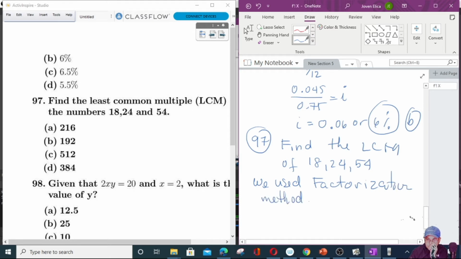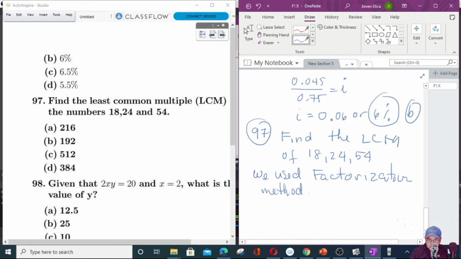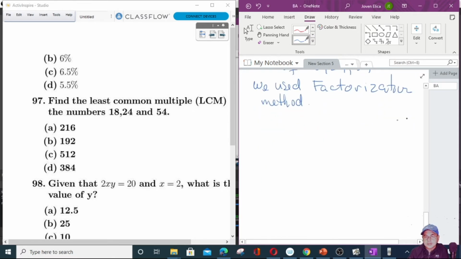Okay, so for the factorization method, let's say 18. Let us factor first the 18. 9 times 2 is 18, and then further get the factor of 9, 3 times 3. So this is already a prime factor.